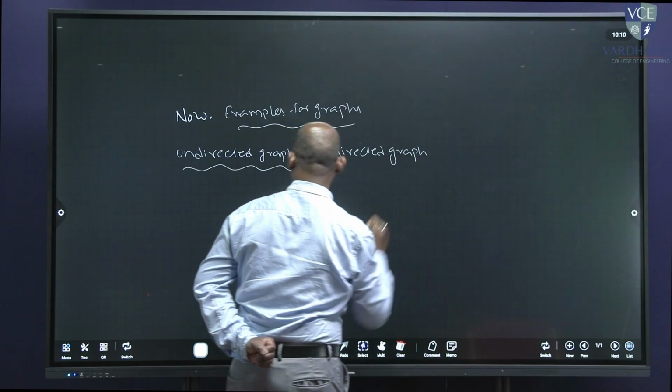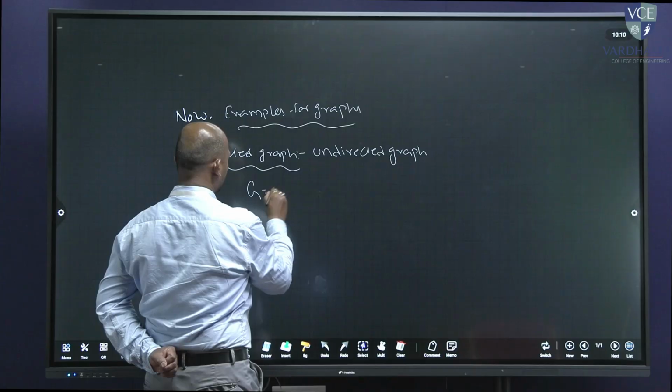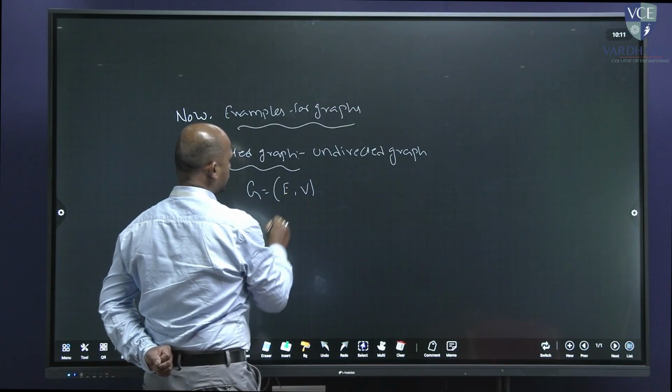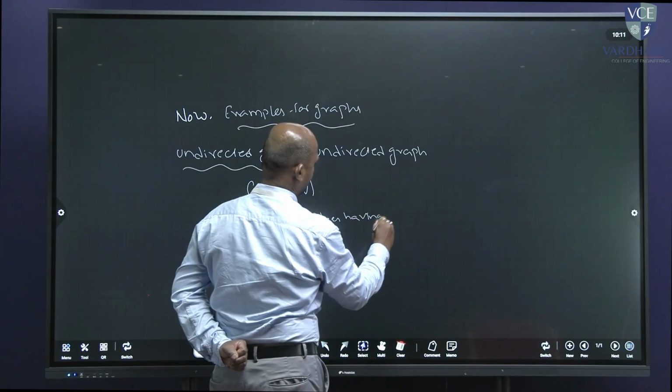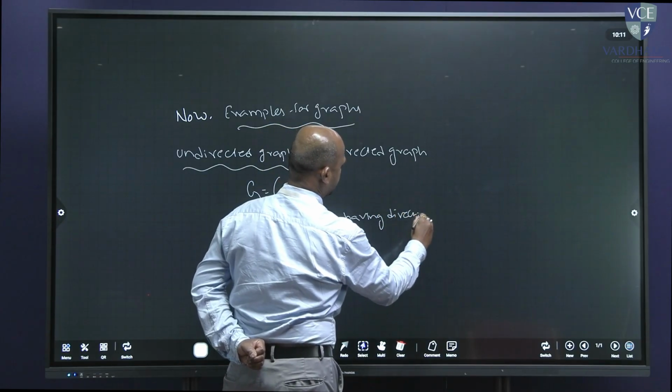So mathematically we can write G is equal to E comma V. So no edge has direction. There is no direction on each edge.